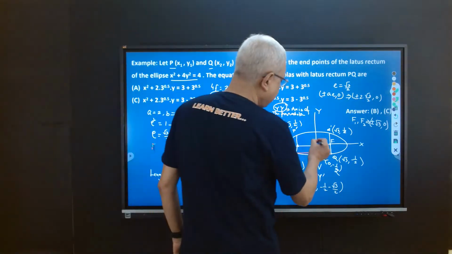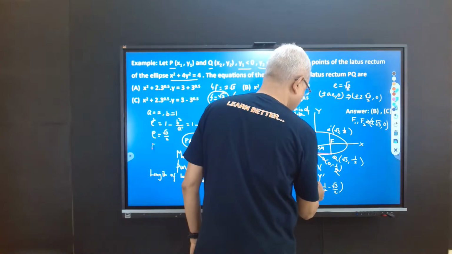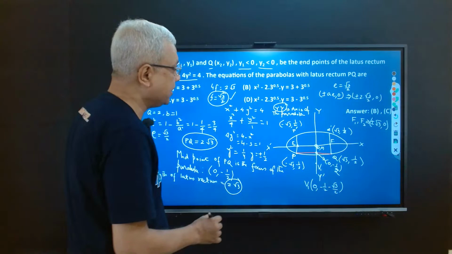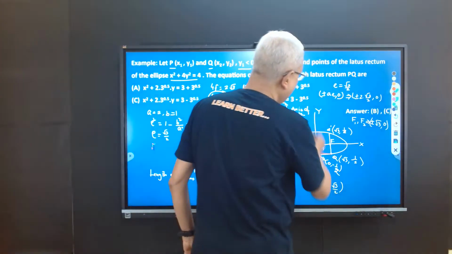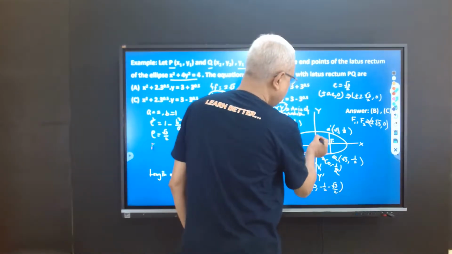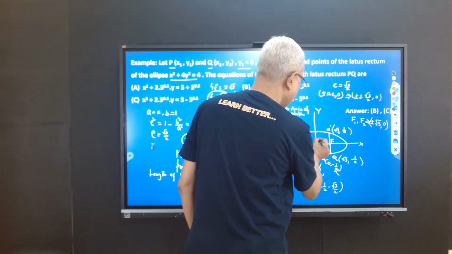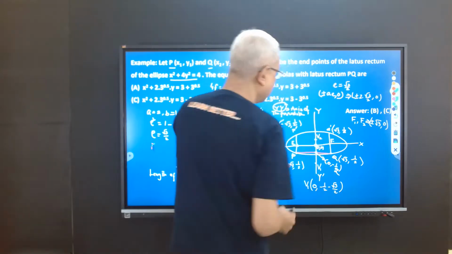Or there can be another vertex. If I call this V1, the coordinate of V1 will be 0 minus root 3 by 2. It can be on the positive side of the y-axis. So if the focus is here, V2 can be this side also.